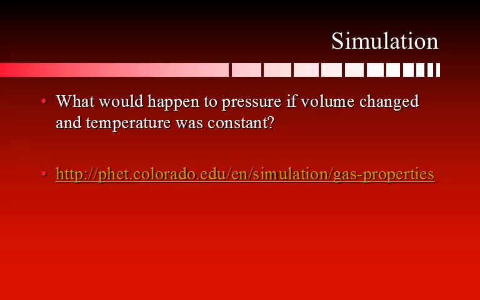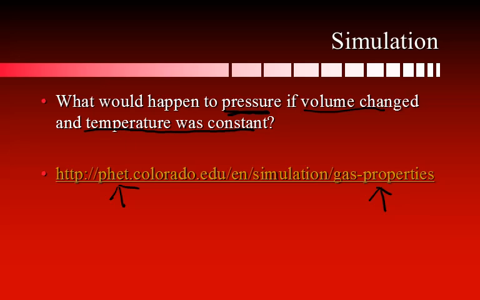Okay, so if you want to pull up the simulation, you can go to PhET and then go to gas properties. And then let's take a look at what would happen to pressure if volume is changed but the temperature remains the same.